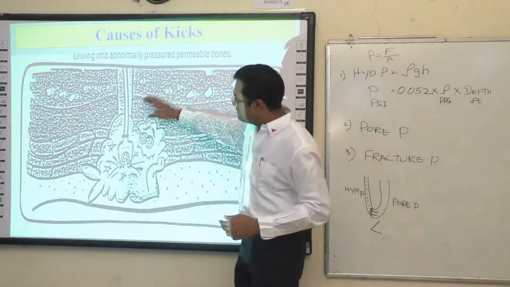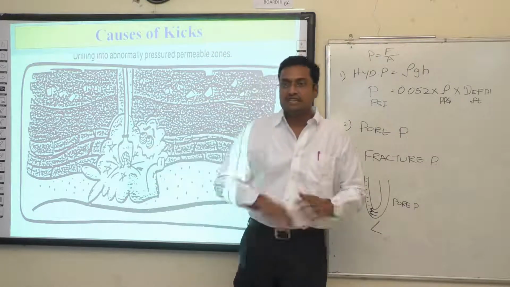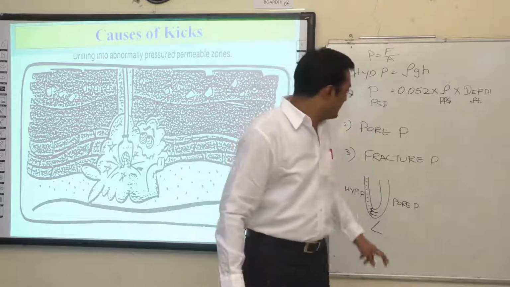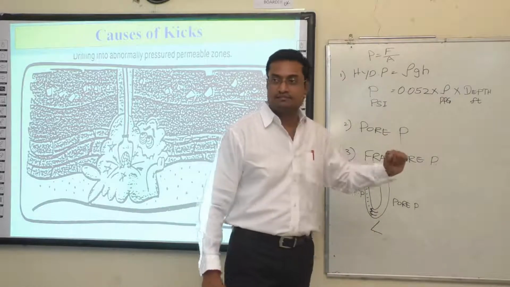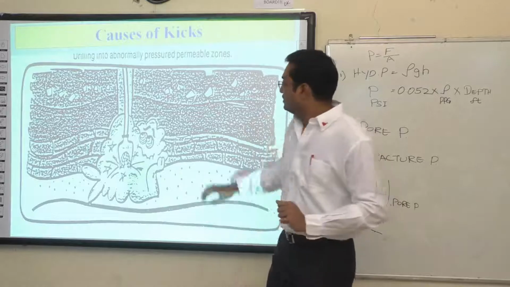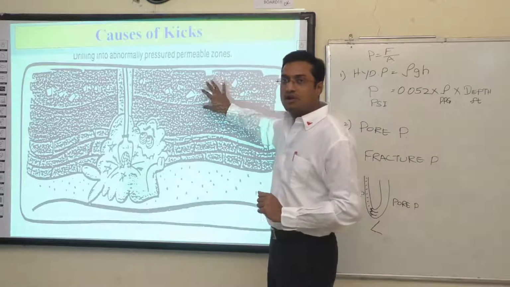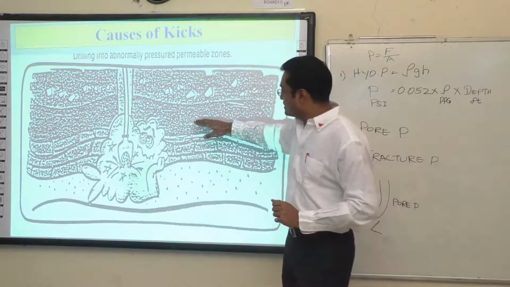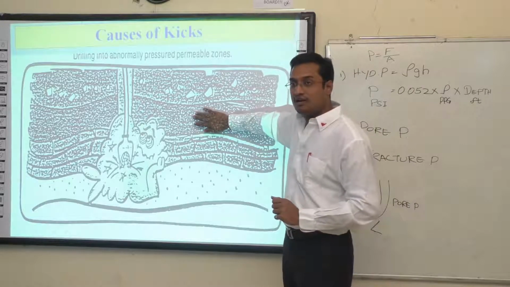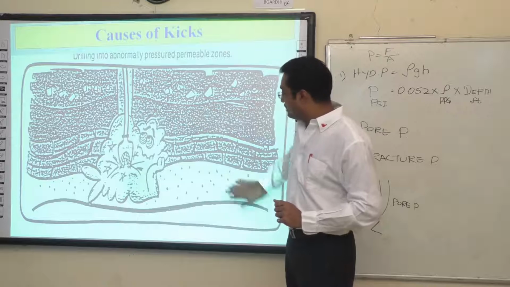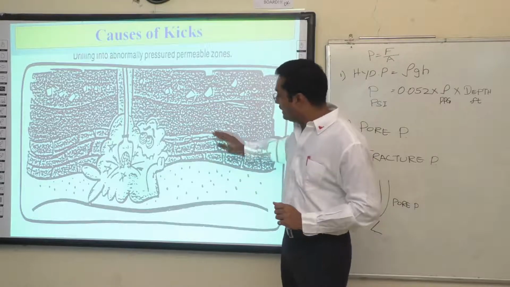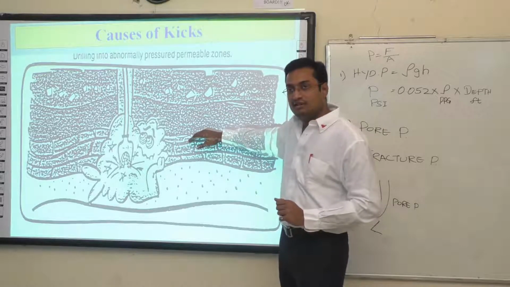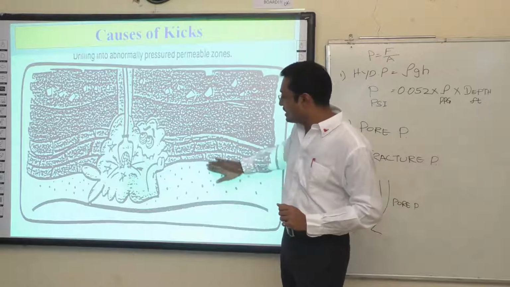the formations, when there is a change in formation, each formation will have a different pore pressure because of the characteristics of the rock matrix. If the rocks present here are not permeable, the fluids getting collected here get trapped. And the pressure starts increasing here.